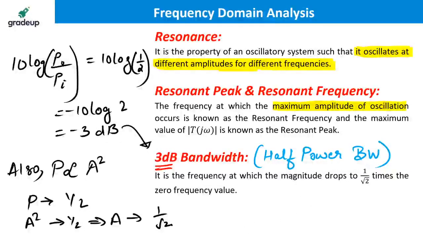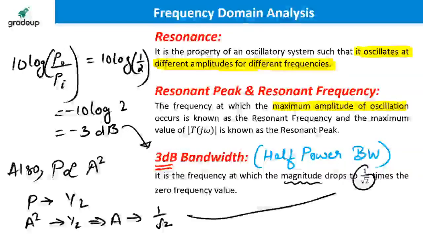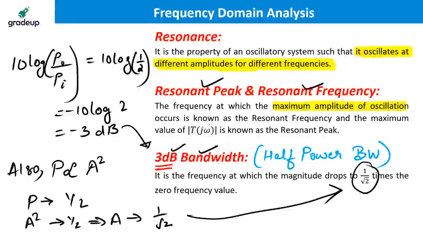It is the frequency at which the amplitude or the magnitude drops to 1 by root 2 times, because the power becomes half, so the amplitude becomes 1 by root 2 times the zero frequency value, as compared to the DC value. Right? So we are now going to calculate all of these terms: resonant peak, resonant frequency, and the 3 dB bandwidth of the system.